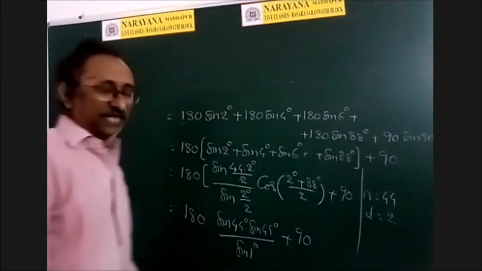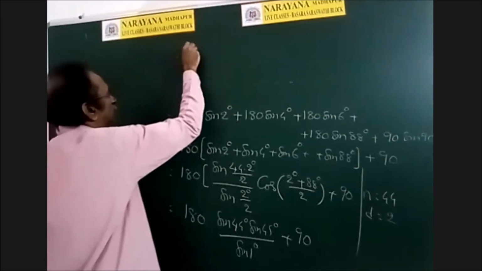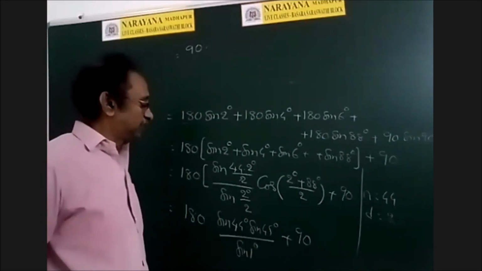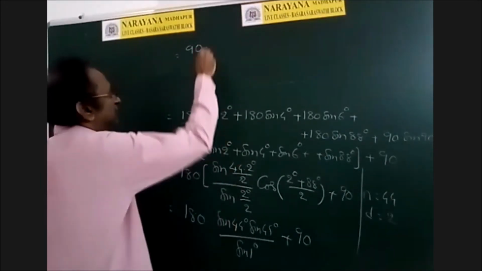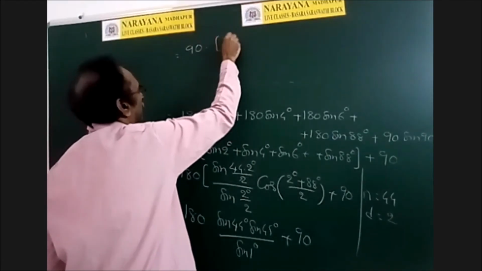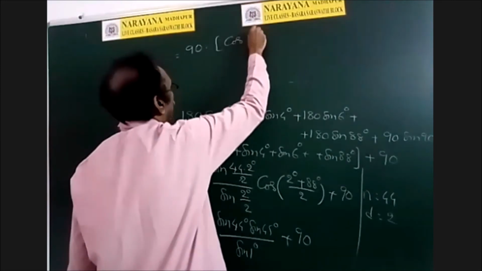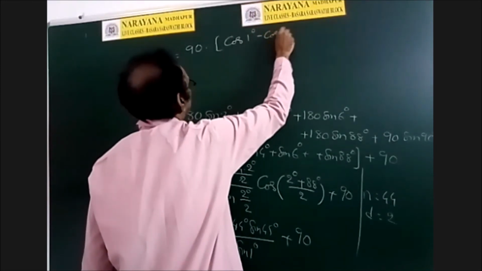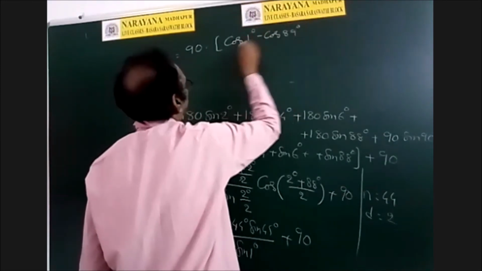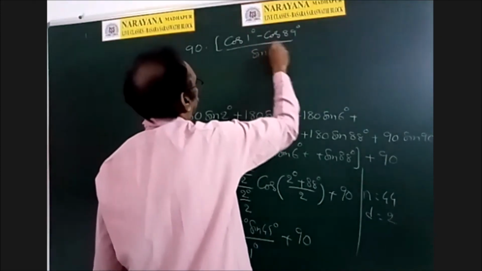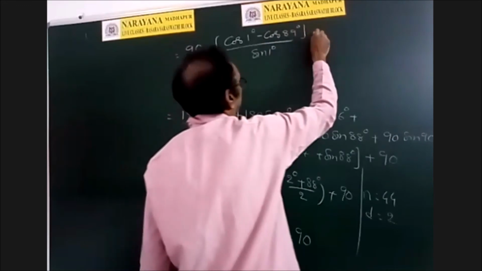What is the 2 sin A sin B formula? 180 can be written as 2 into sin 44 sin 45. The 2 sin A sin B formula is cos of A minus B, that is cos 1, minus cos of A plus B, that is cos 89, by sin 1, plus 90 is there.